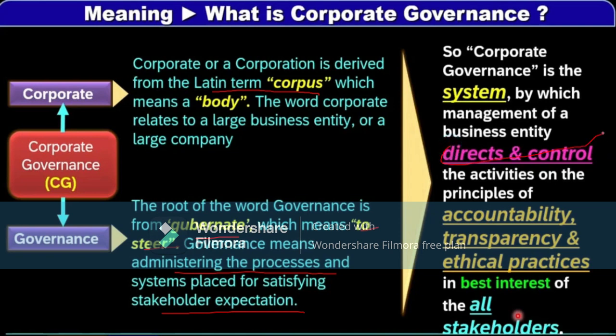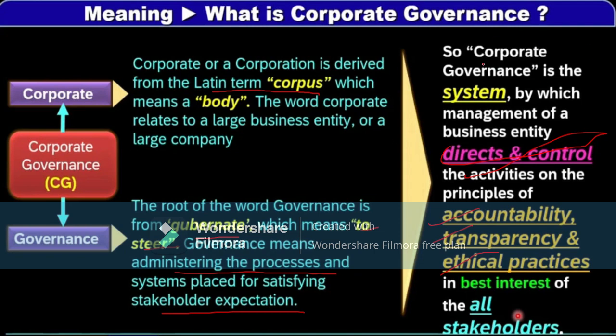Corporate governance directs and controls the activities of a business on the principles of accountability, transparency, and ethical practices, in the best interest of all stakeholders. So this is corporate governance.